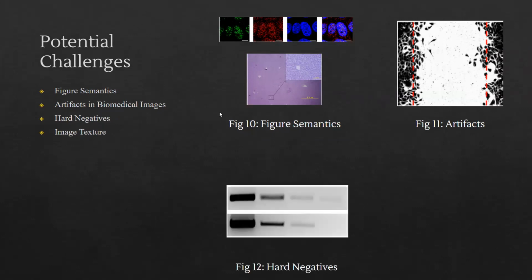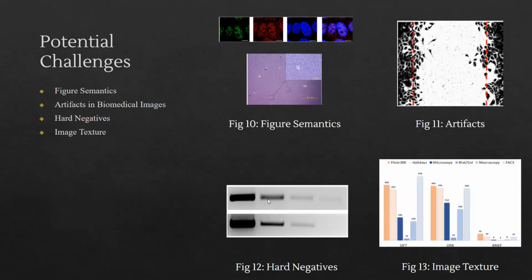And then come these hard negatives. These are really difficult to detect, because blots and gels on a monotonous background are also very tough to differentiate. And then comes image textures. Biomedical images tend to have a plain or pattern-like texture, with the exception of macroscopy images, which are basically the bigger images.